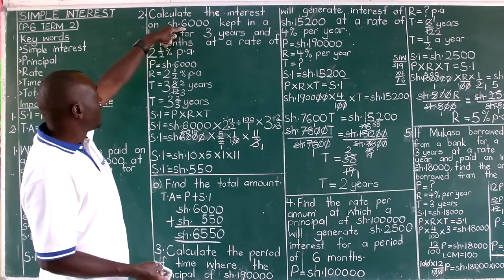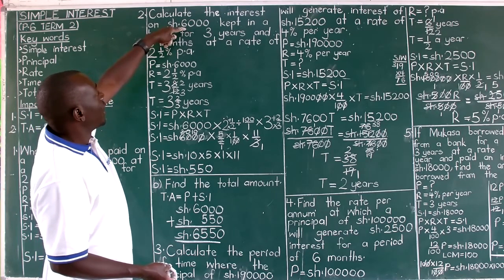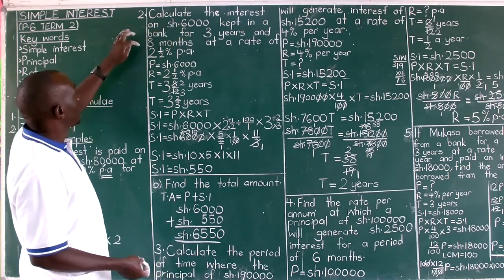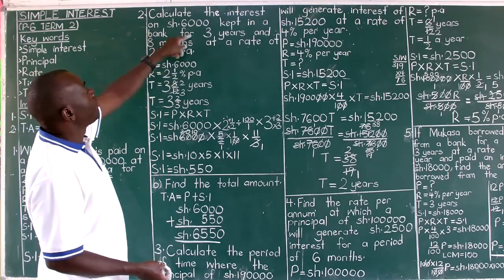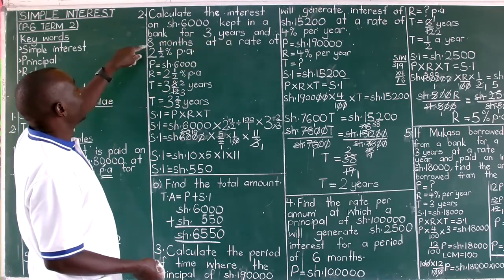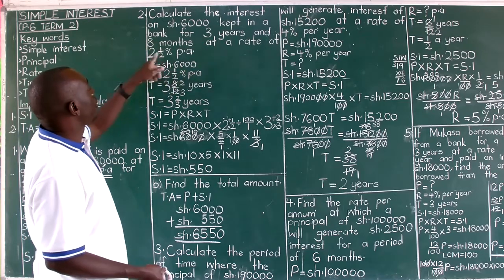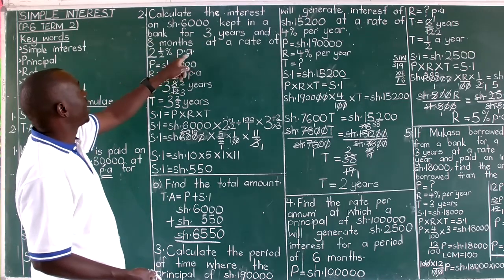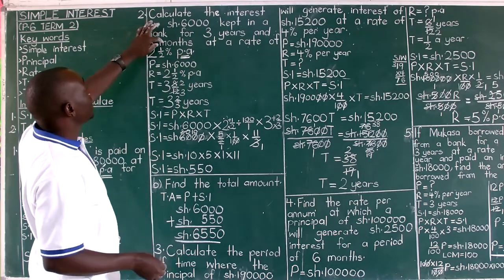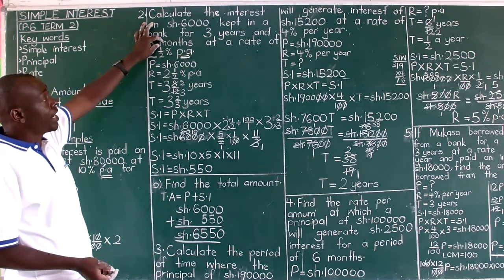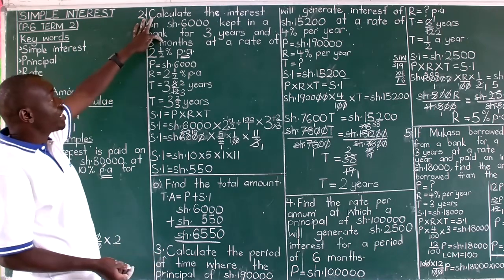The amount of money kept in the bank is called principal. So you say principal equals 6,000 shillings, kept in the bank for 3 years and 8 months at a rate of 2.5% per annum. Because of the word per annum here, the months cannot be maintained. Per annum means per year. The time must be in years only.